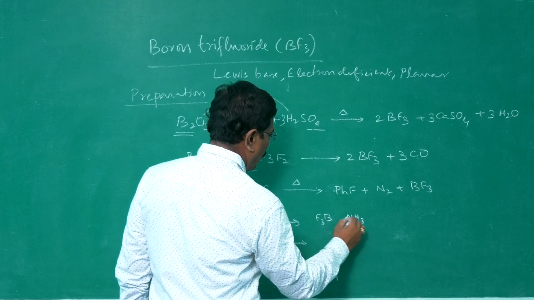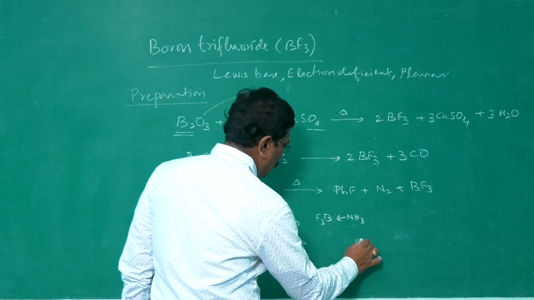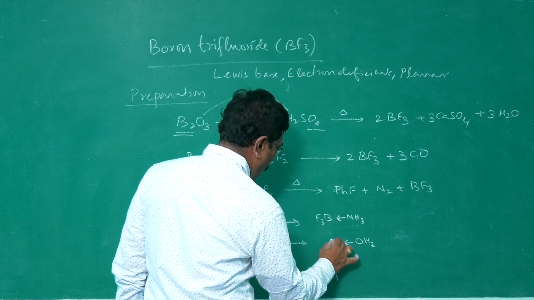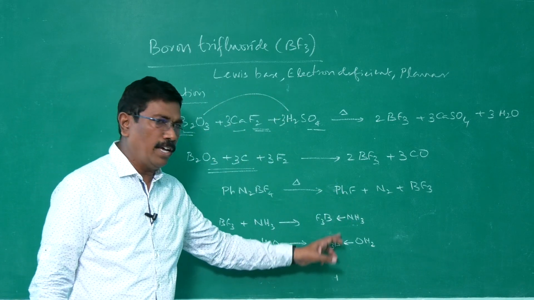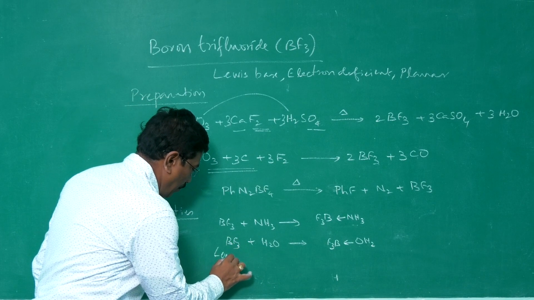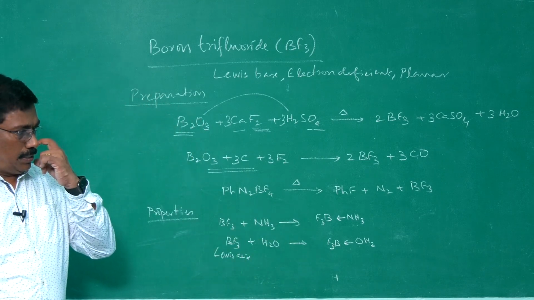Ammonia has a lone pair of electrons. That electron pair is donated to boron. Likewise, water. Oxygen has a lone pair of electrons. It donates to boron. Thereby, a coordination bond is formed. BF3 being a Lewis acid, it combines with Lewis bases to form salts.